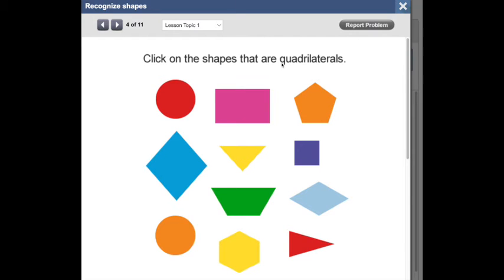And then you would be able to say that word by decoding it. Quadrilaterals. But let me tell you something. If it's a lot of work for you now, it will not always be. Pretty soon you'll just be able to look at that word and say quadrilateral. Try it. I bet you could do it right now. Ready? Go.